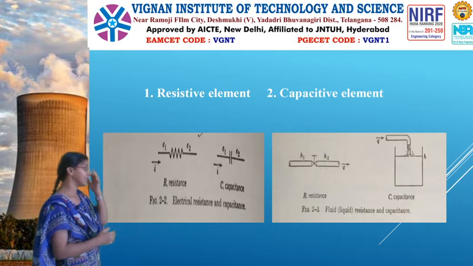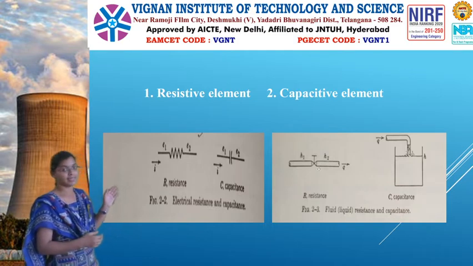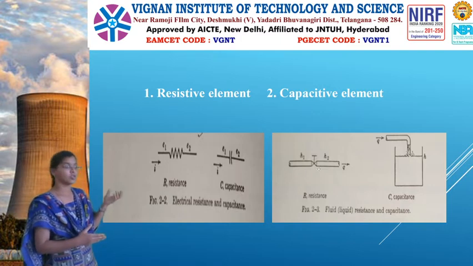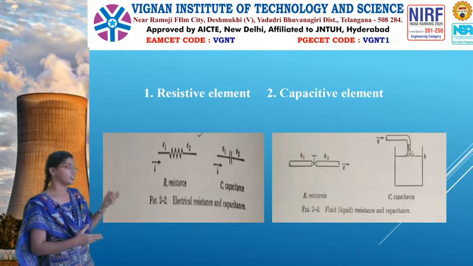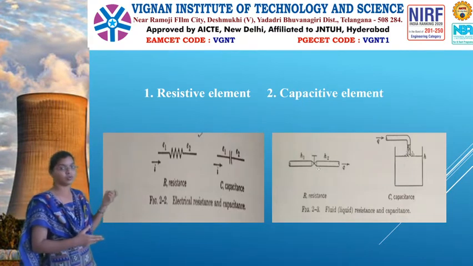Here you can see the capacitance and the storage tank. Capacitance is also a passive two terminal device that will store the potential of E1 and E2.